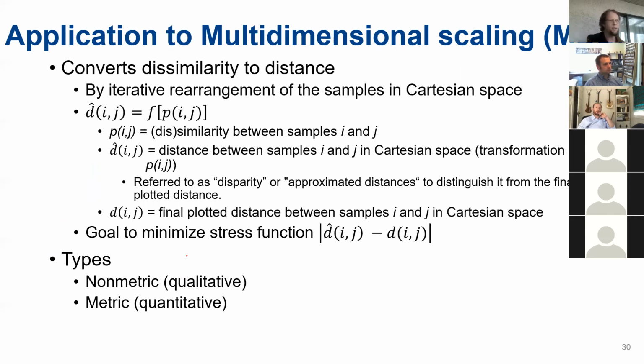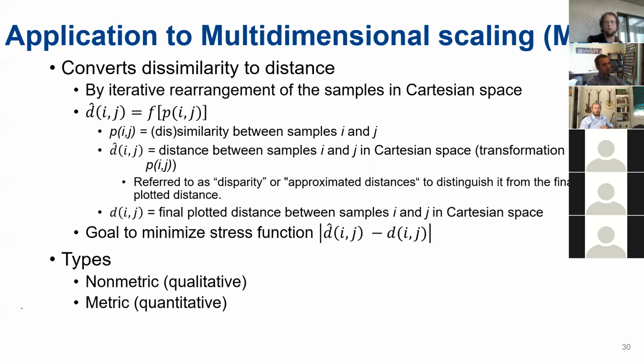So once you've done all the work and calculated whatever dissimilarity metric you want for all of your samples, you get a square matrix that shows the dissimilarity between each pair of samples. Multidimensional scaling simply takes that matrix and represents it in Cartesian space. It provides basically no other information.